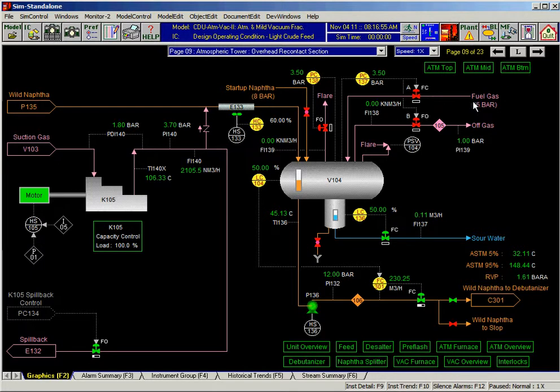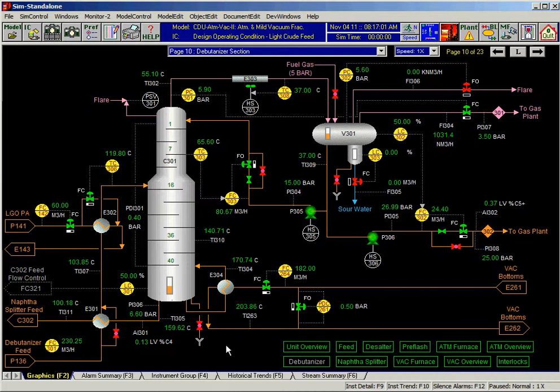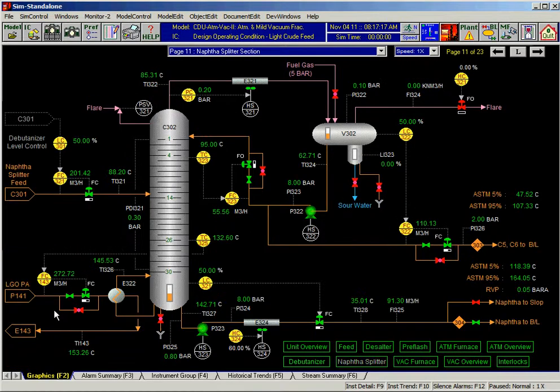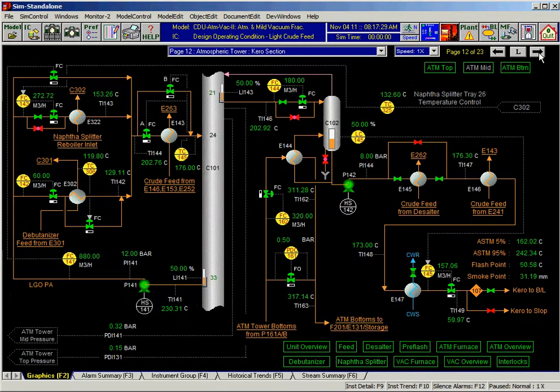Then you have additional separation of gases, fuel gas, and naphtha will go to a debutanizer, and then from the debutanizer, the overhead butane will go to the gas plant, and the bottom product, which actually goes to a naphtha splitter, splits into light naphtha and heavy naphtha. So this can be a gasoline component, and this will typically go to a reformer. Okay, so that's the overhead section.